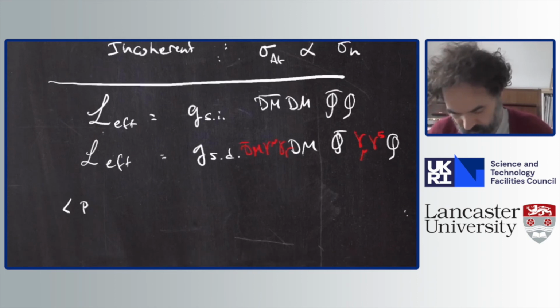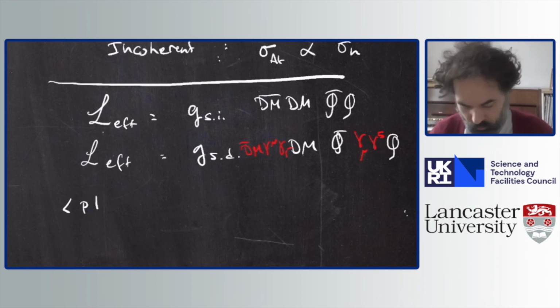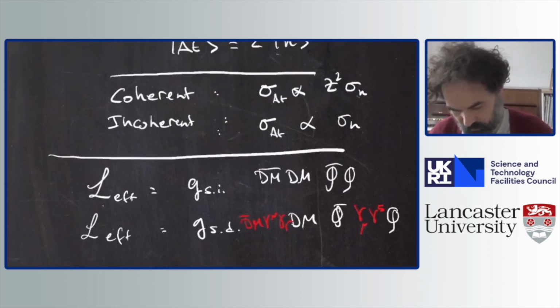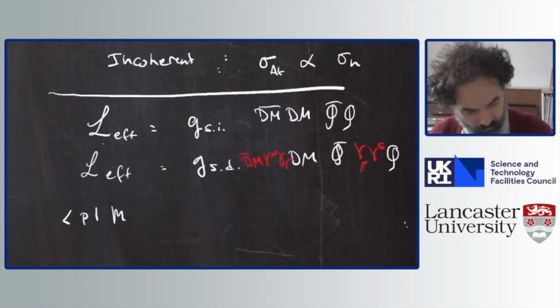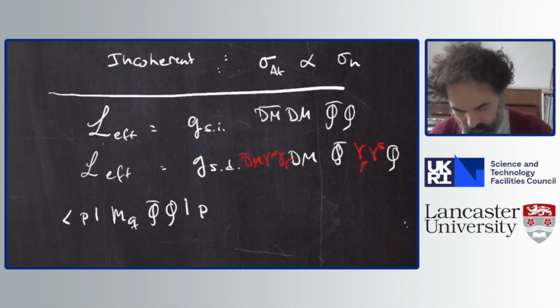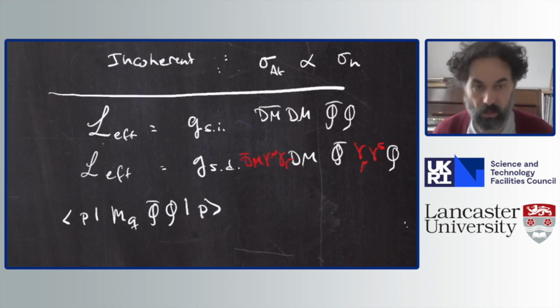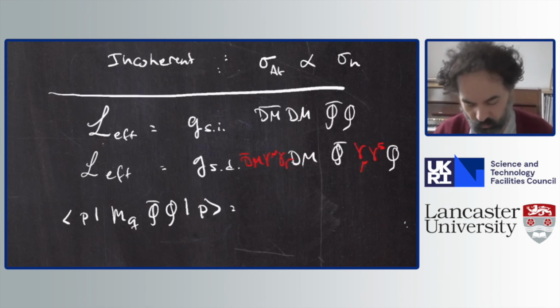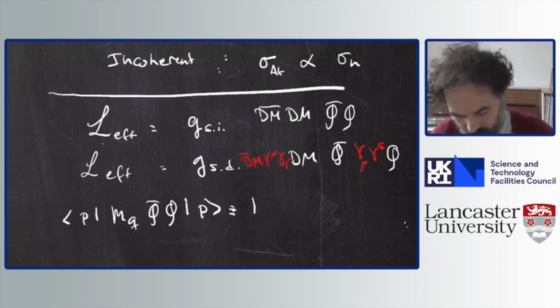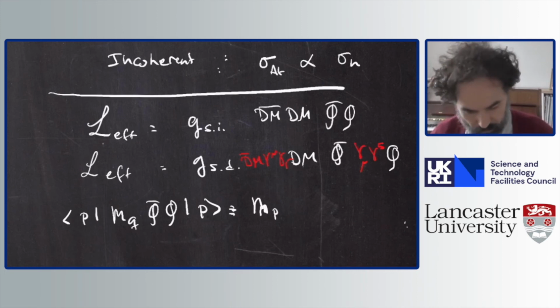Okay, now to compute the final matrix element, we first need to compute these form factors. So for instance, to take this kind of average, what's the value of the quark current evaluated on protons? And this is something that nuclear physicists do, or you can do a measurement also to try to see what it is, and we can evaluate it in terms of a mass of the proton and a number.